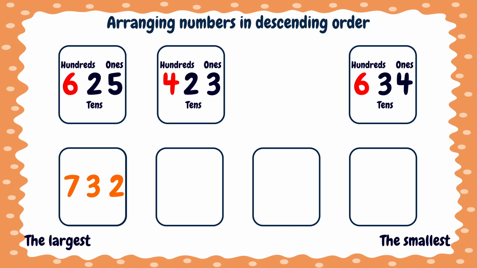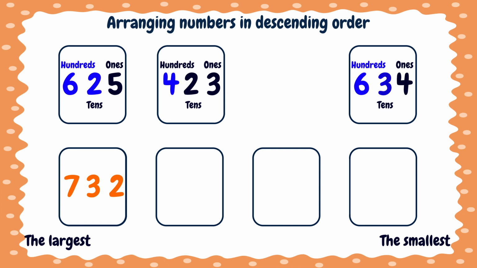Well, we still have here number 6, here 4, and here 6. Which one is the largest? 6. Well done. But the number 6 is repeated twice. What do we do? When the numbers in the hundreds place are equal, we compare the numbers in the tens place.